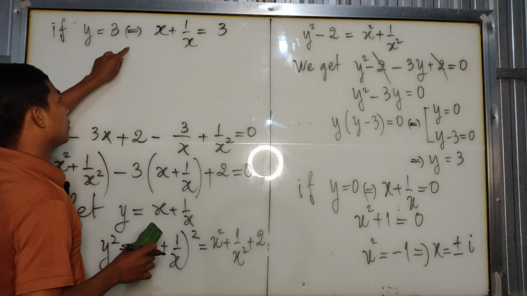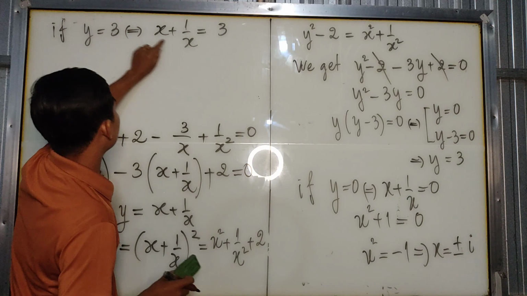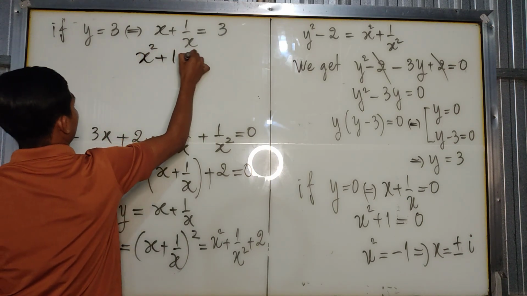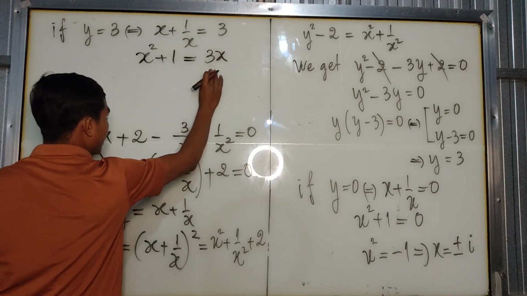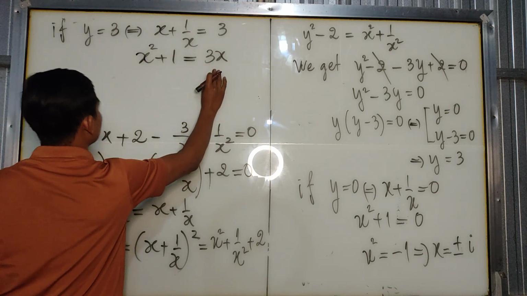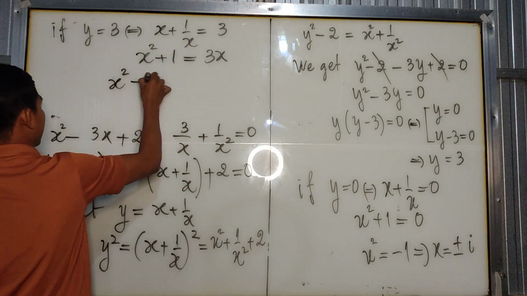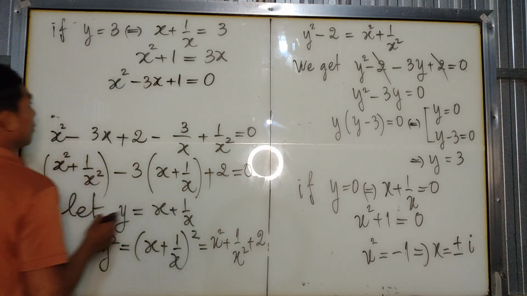And now we multiply both sides of this equation by x. So we get x squared plus 1 equals 3x. And now we move 3x from the right-hand side to the left-hand side. So we get x squared minus 3x plus 1 equals 0.